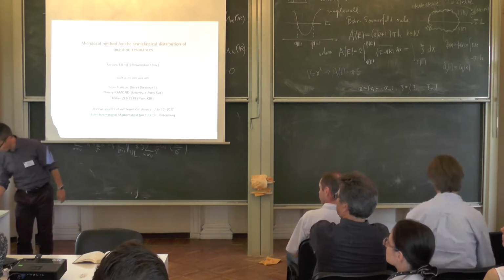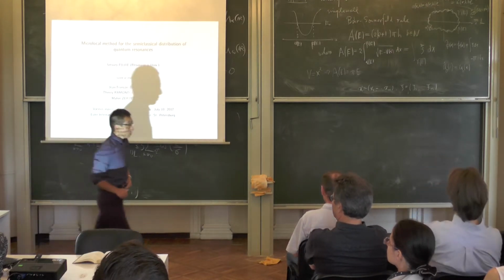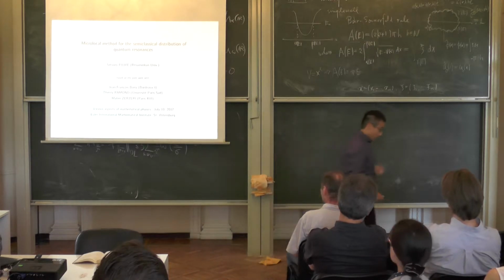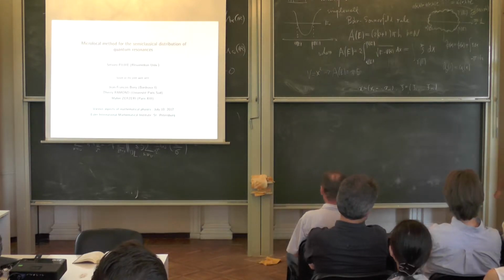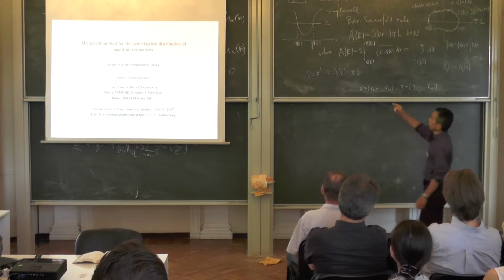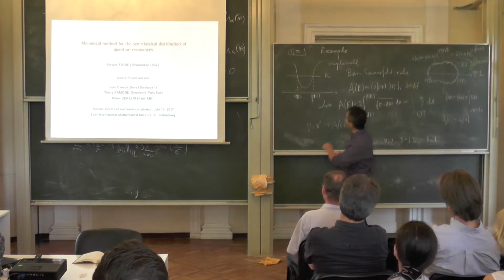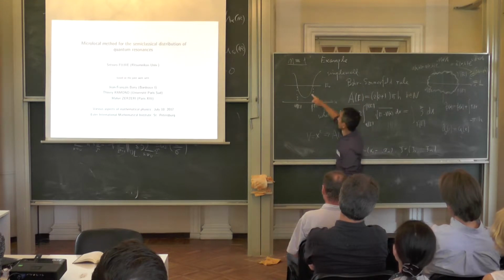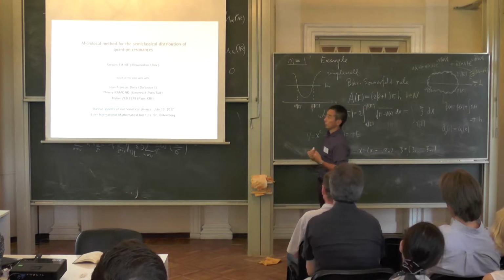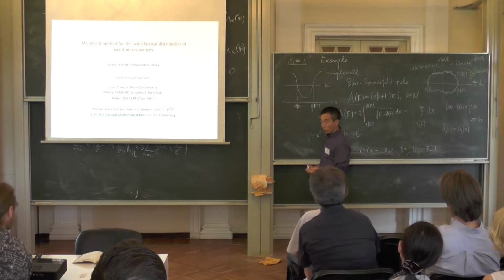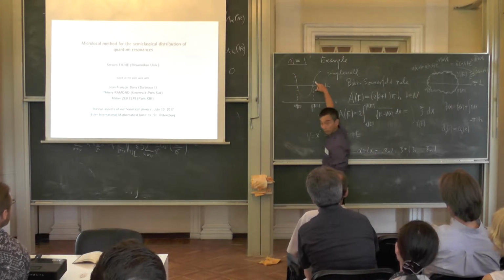So, next, I would like to explain resonances. Now we saw that the main thing that produced the eigenvalues is only this part of the potential.